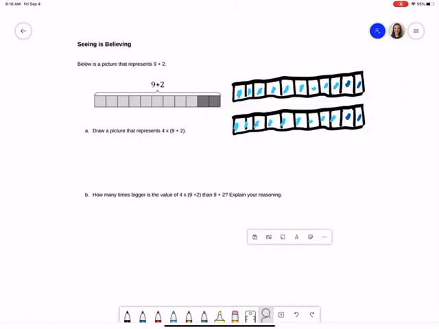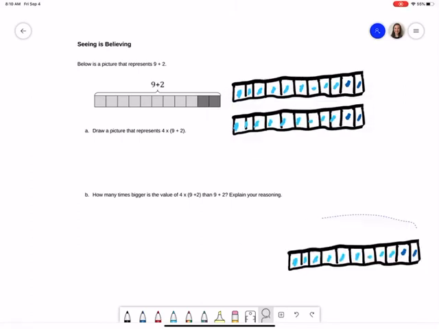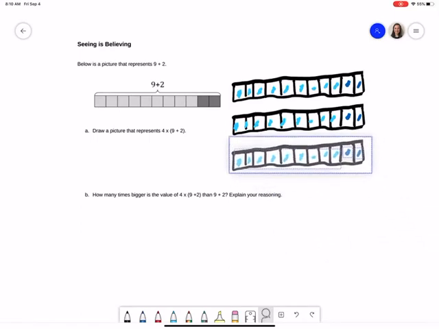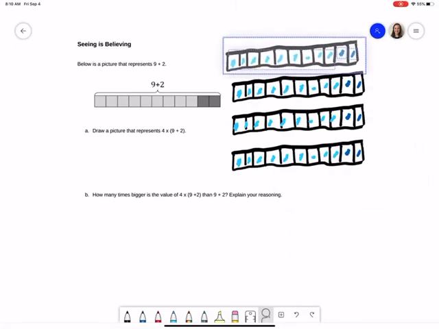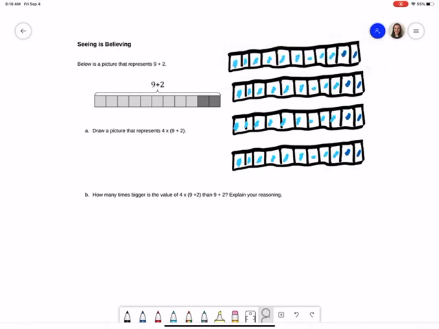And we're going to keep doing that until we have 4. Now I have 4 of the 9 plus 2, right? It wants 4 groups, and we see that by looking right here, right? Okay, so just to make sure, we got 1, 2, 3, and 4. Okay, 4 groups of the 9 plus 2.